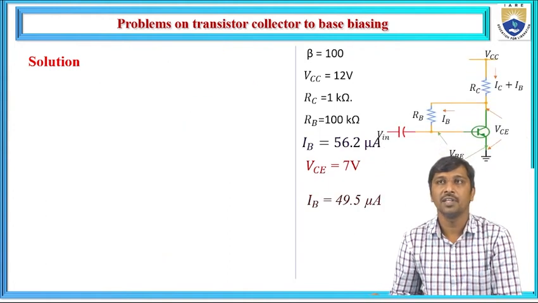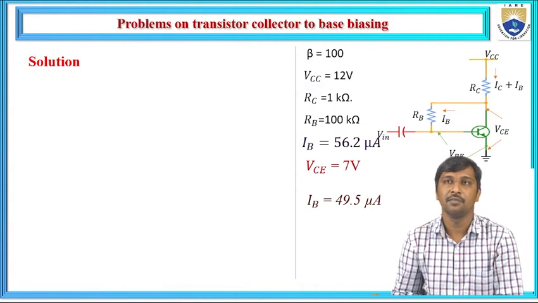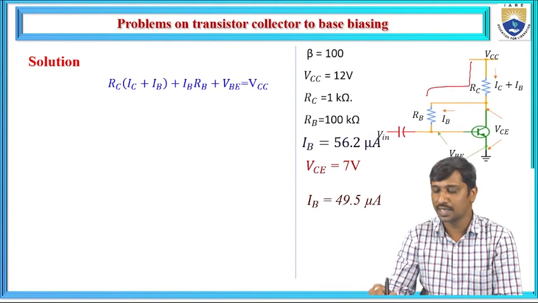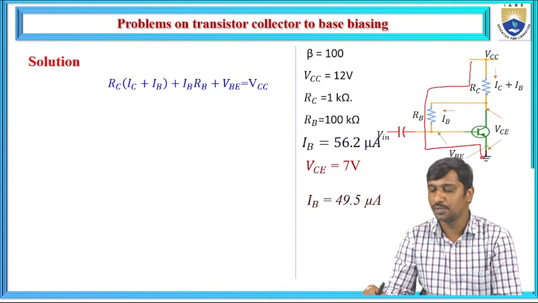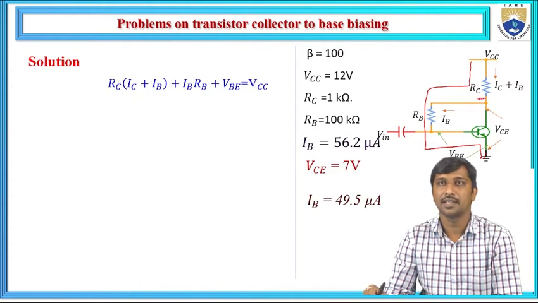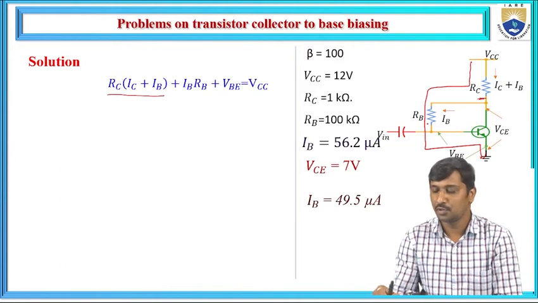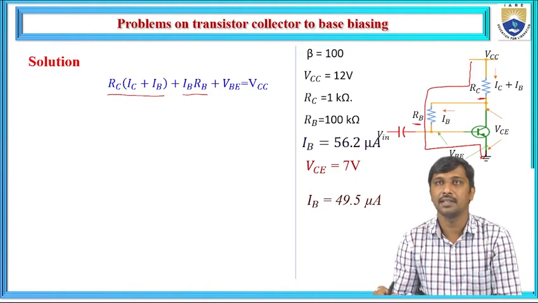Now we need to calculate how much base resistance is required to produce VCE equal to 7 volts. For this case, apply KVL at the input side. If you write the KVL at the input side, VCC is equal to the voltage drop across RC, represented as (IC plus IB) times RC, along with the voltage drop across the base resistance, represented as IB times RB, along with the potential difference between base and emitter, VBE.